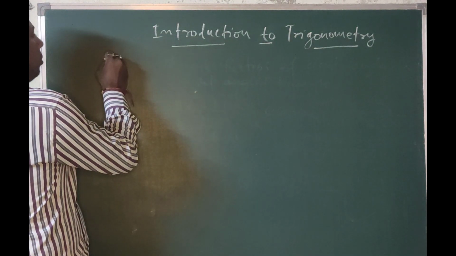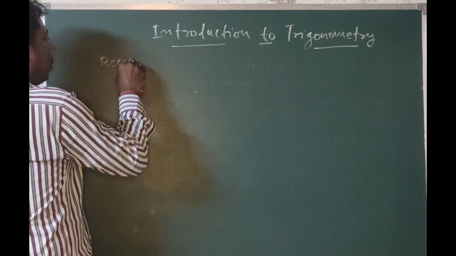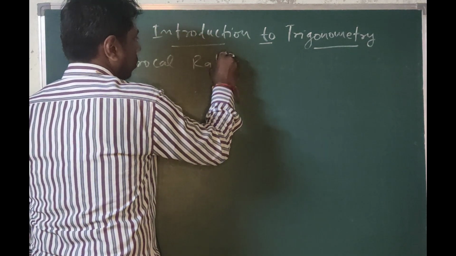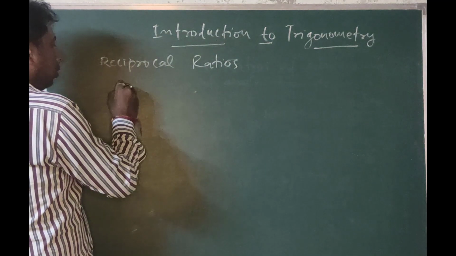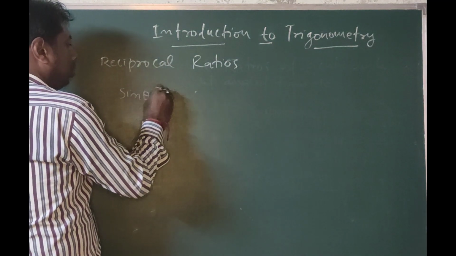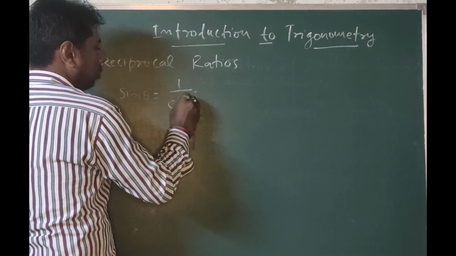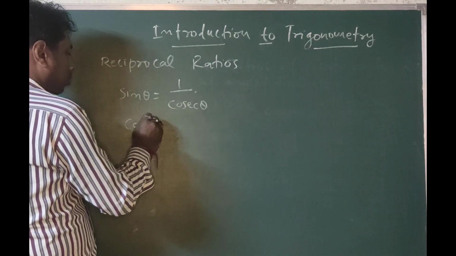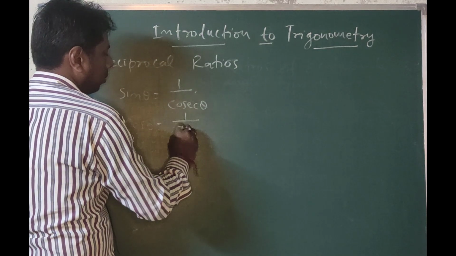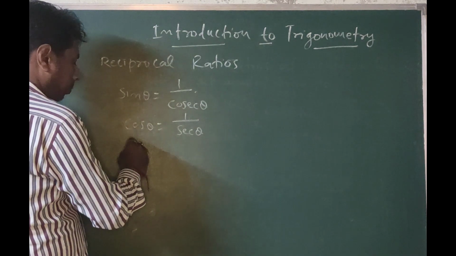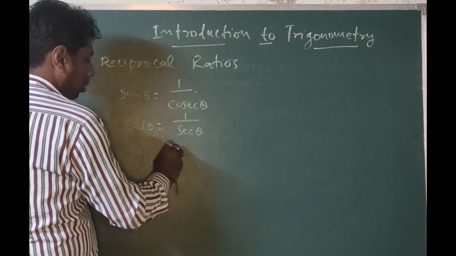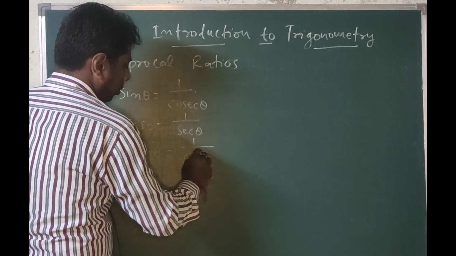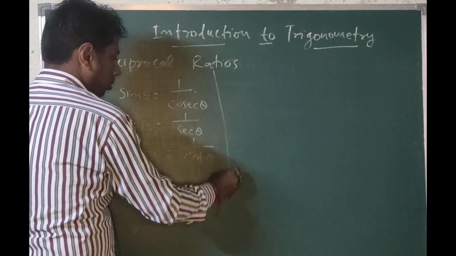Now we come to the reciprocal ratios. Sin theta equals 1 by cosec theta, cos theta equals 1 by sec theta, tan theta equals 1 by cot theta.